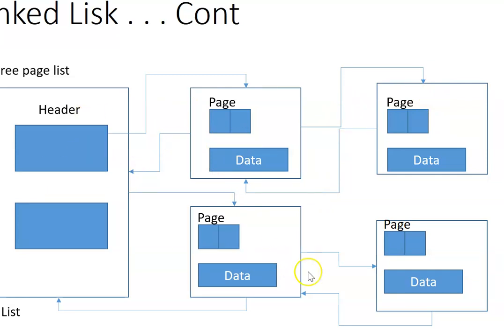Same thing here. When the page comes and there's one that has a free slot, or if we have found our record in a particular page, it will come back, and then we come back up to the main page. So this is what is referred to as a linked list.